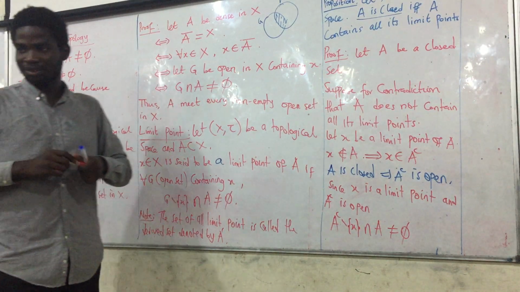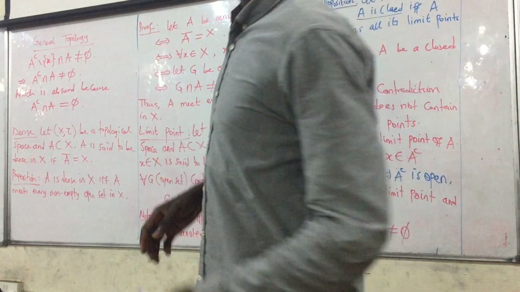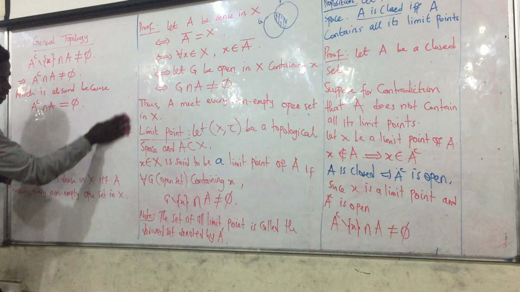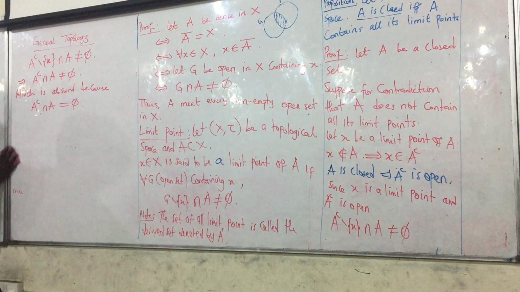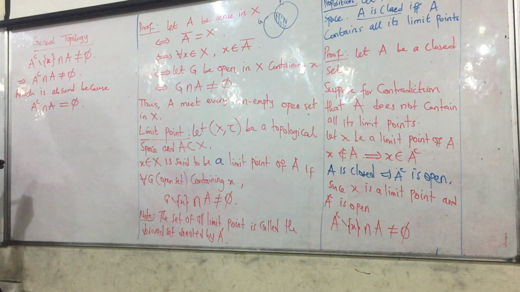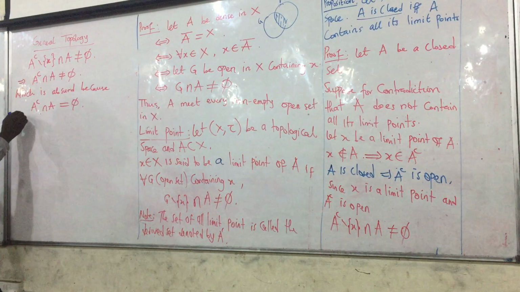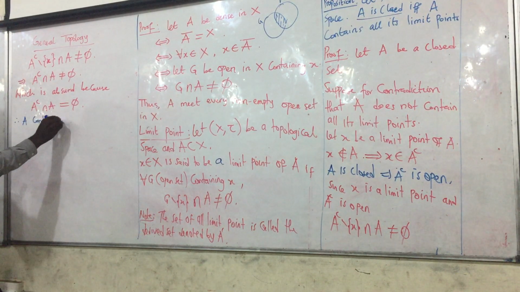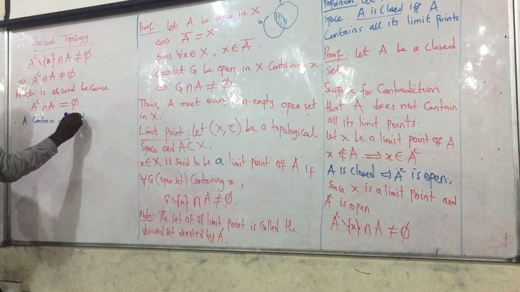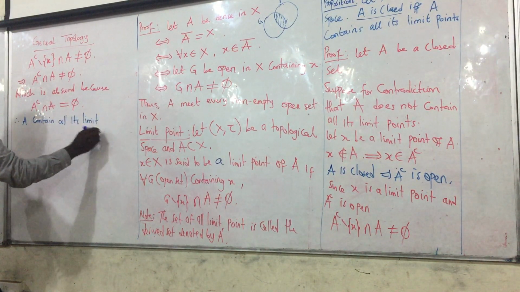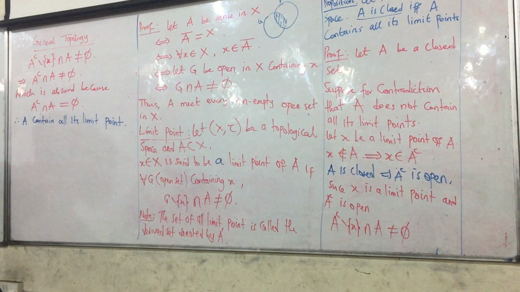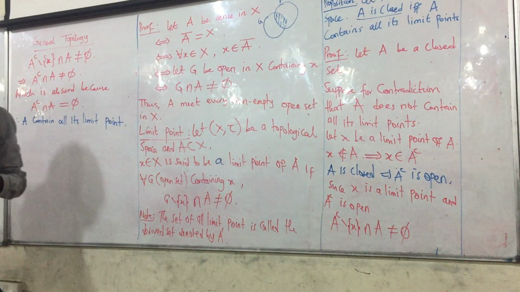So that means our assumption is wrong. So therefore, A contains all its limit points.